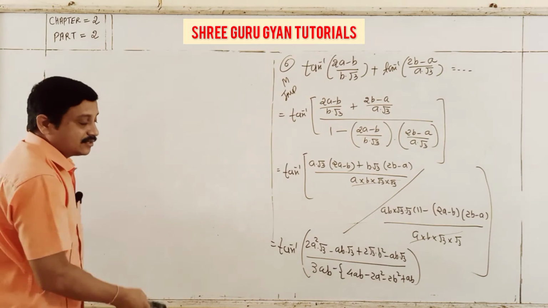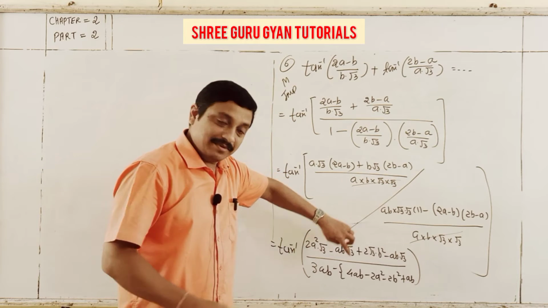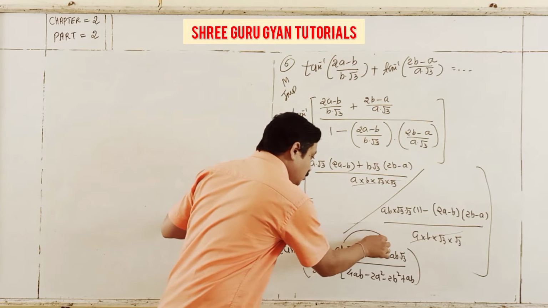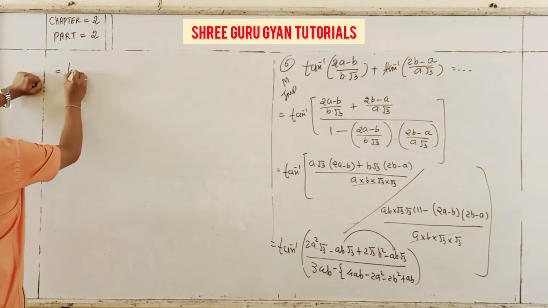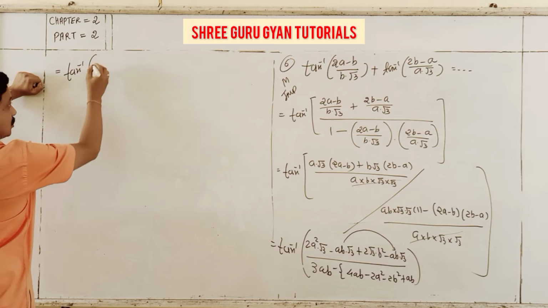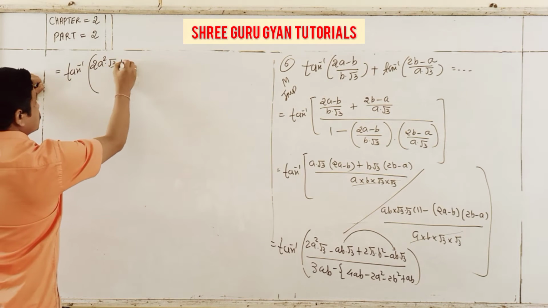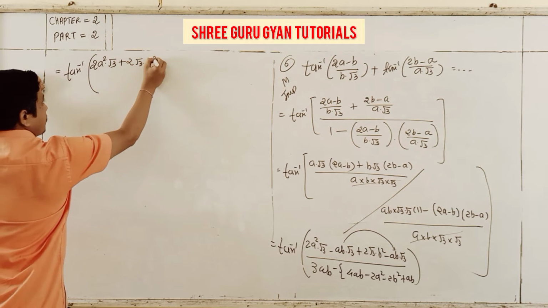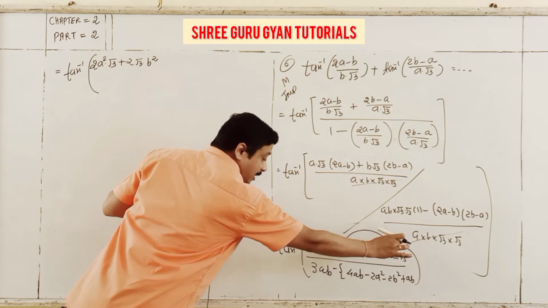Okay, I will write down the steps. Just find out whether like terms are possible here. Yes, possible. This is a like term: ab root 3 and ab root 3, both are minus. So tan inverse of 2a square root 3, next 2 root 3 b square. Next these are like terms: minus 1 time ab, minus 1 time ab.